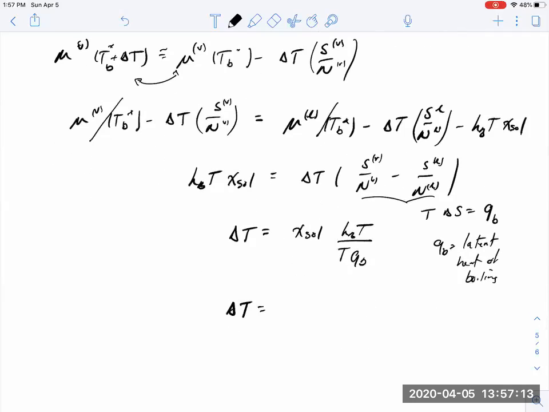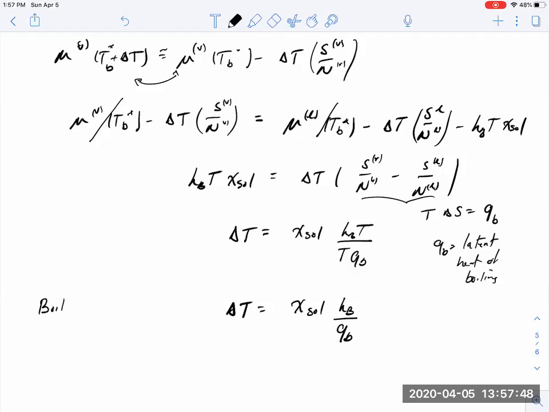So the increase in the effective boiling temperature at which a solution will boil is higher than its original boiling temperature by an amount that depends proportionally to how much solute I have. The T's cancel and it is inversely proportional to the latent heat of boiling.